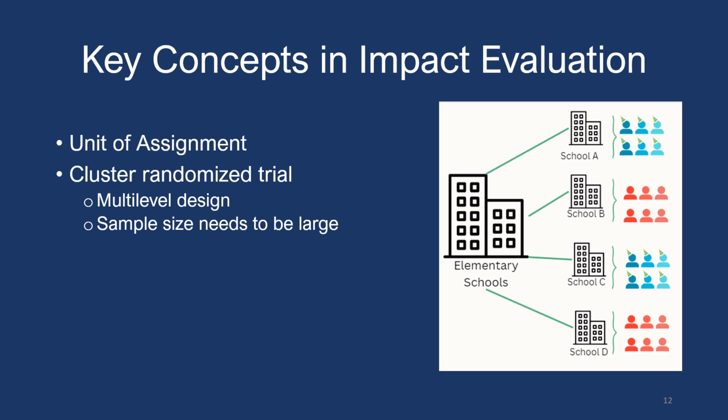The individuals within the cluster follow suit, either exposure to the program or not, depending on what condition their cluster was assigned to. So basically, we end up with a design with multiple levels where our unit of assignment is still the individual, but they are nested within units at a higher level.